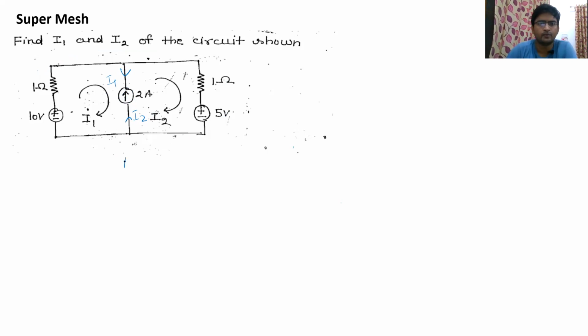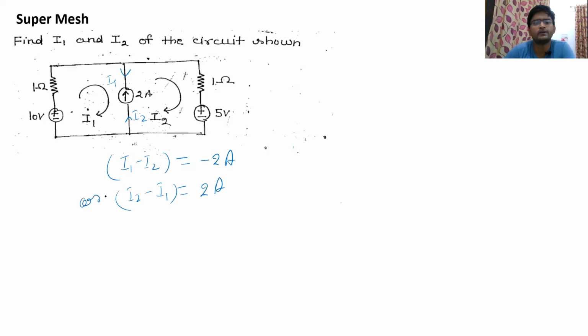So you can say that I1 minus I2 should be equal to minus 2 ampere, because I1 is going in the downward direction and 2 ampere is in the upward direction. Or you can say that I2 minus I1 is equal to 2 ampere, right?